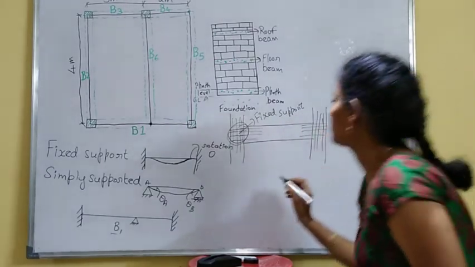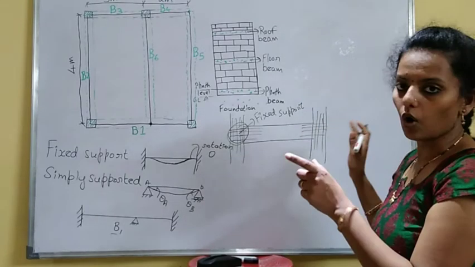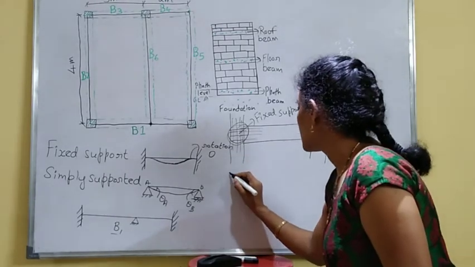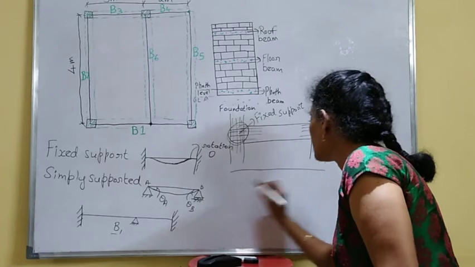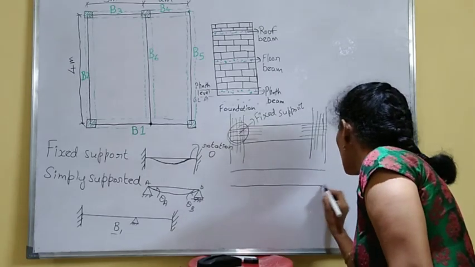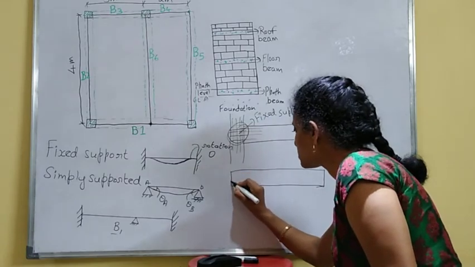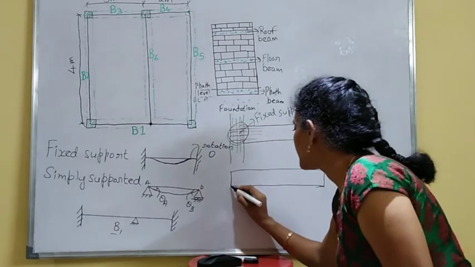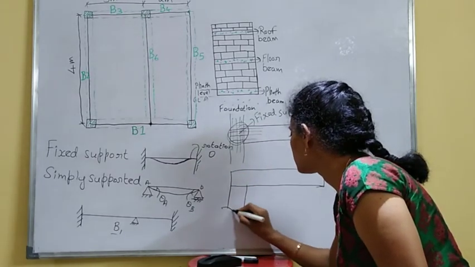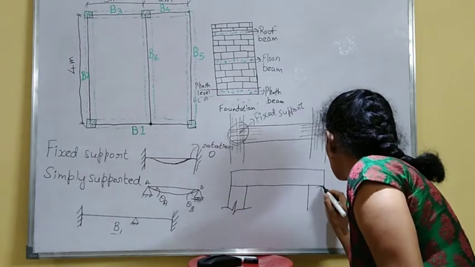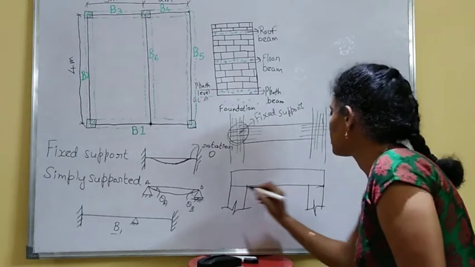Suppose it is simply supported, just two walls are present, and the beam is above the wall. There is no column at the joints of the beam. Suppose this is your beam, and it is supported by a wall. This is your wall. This is simply supported.